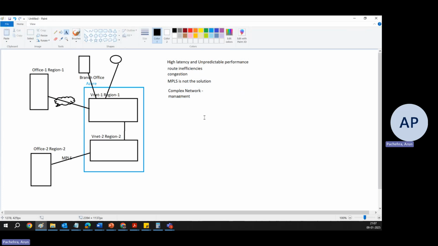Which means managing a global network with multiple branch offices introduces a lot of issues like independent connections, inconsistent policies, for example, a large number of VPN connections. That all leads to complex network management.